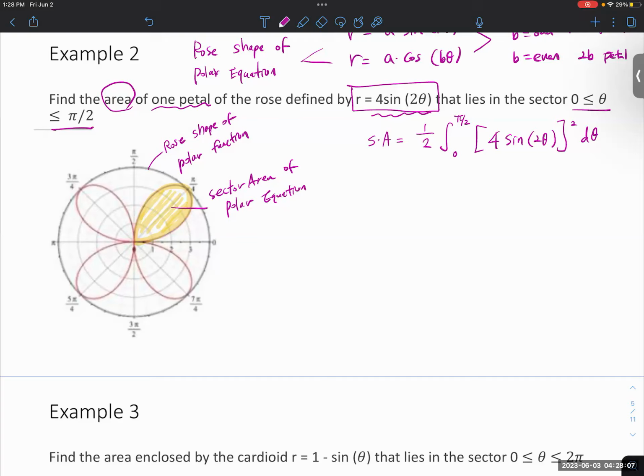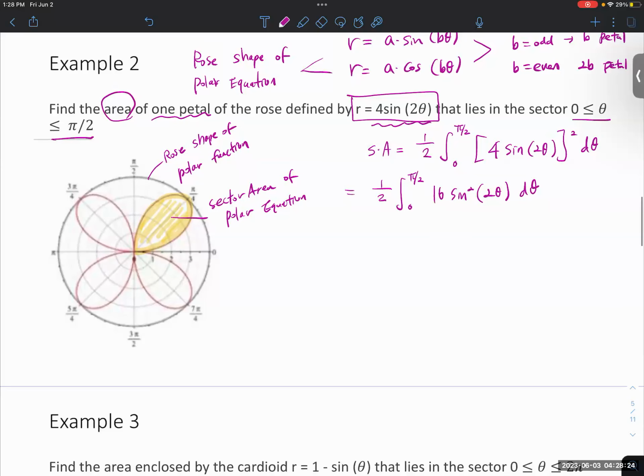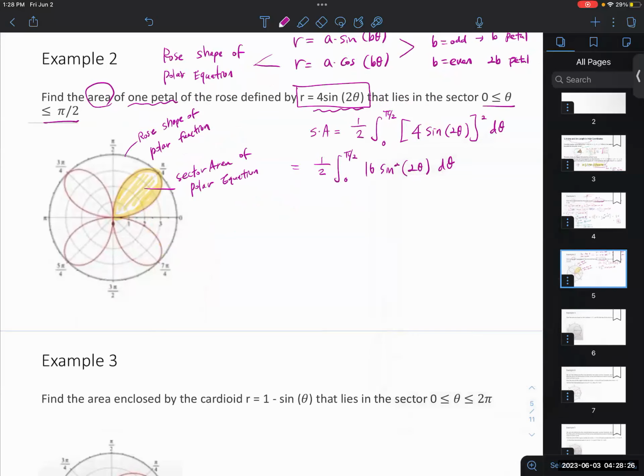That's it. So let's expand it. 1 over 2, from 0 to pi over 2, 16 sine squared theta d theta. Are we okay?